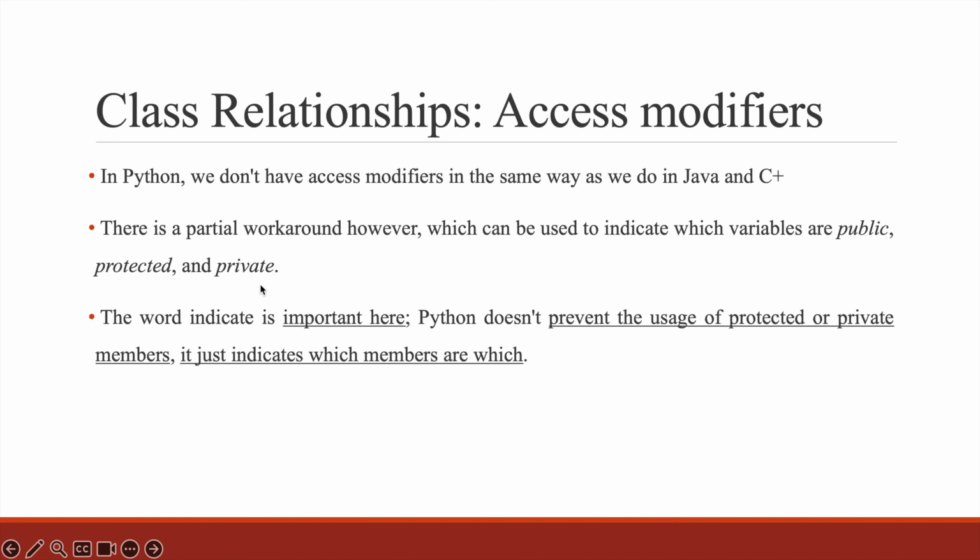It doesn't really enforce it, but it tells you that this was meant to be public, protected, or private. So the word indicate is important here because Python doesn't prevent the usage of protected or private members. It just indicates which members are which. So another programmer should respect that this is meant to be public, private, or protected, but you cannot enforce it in Python code.